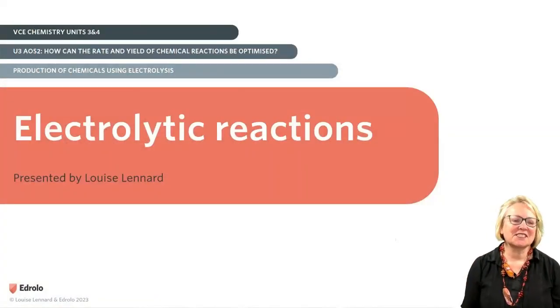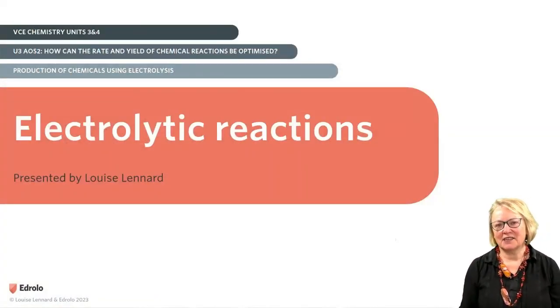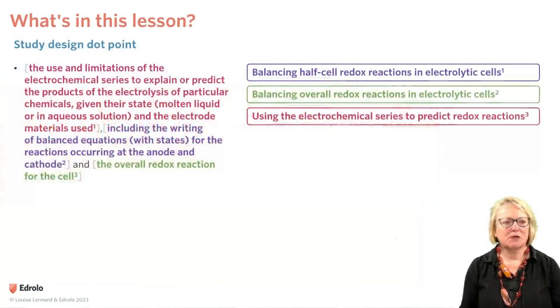Okay, so this is the start of electrolysis, and in this lesson we're going to look at electrolytic reactions. So we're going to refer to a lot of the principles we learnt when you did redox chemistry with galvanic and fuel cells. So what's in this lesson?